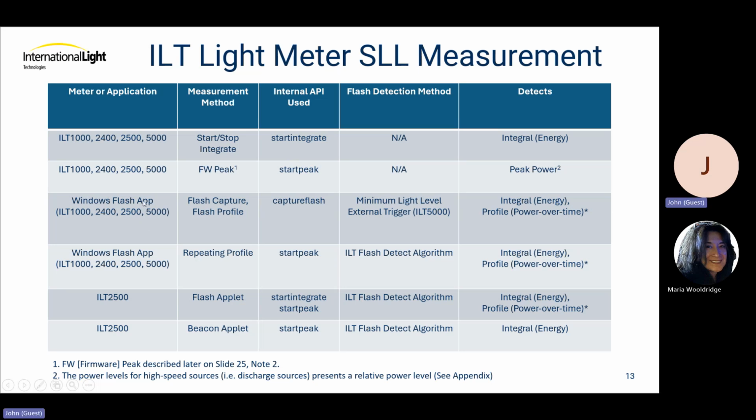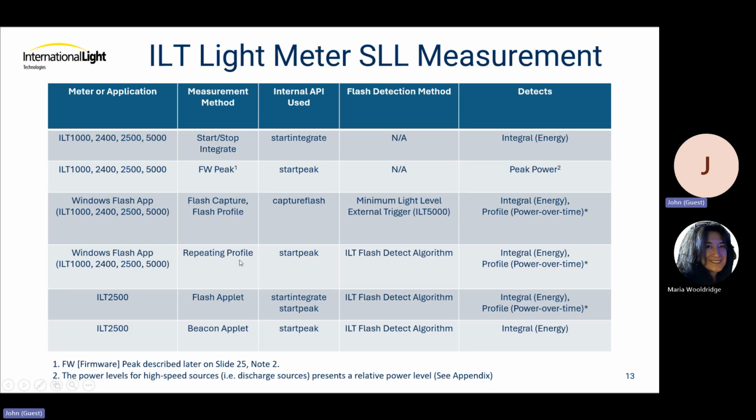The Windows Flash app in the next two rows has a lot of knobs to really give you the most detailed measurements and feedback for your flashes, and they either allow you to do a flash profile where you actually capture that in real time, and you have the ability to save that off, or a repeating profile.